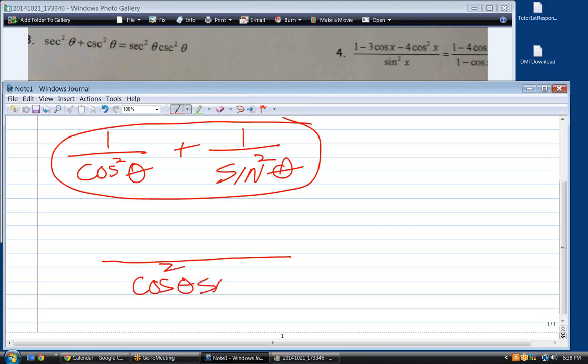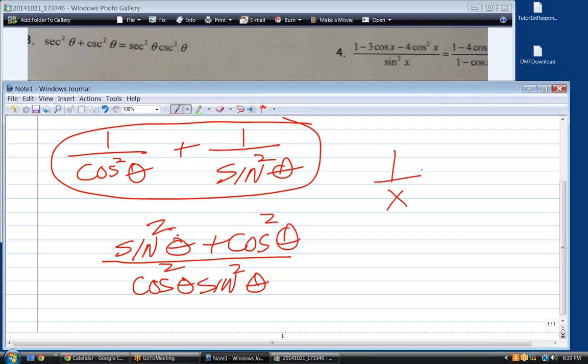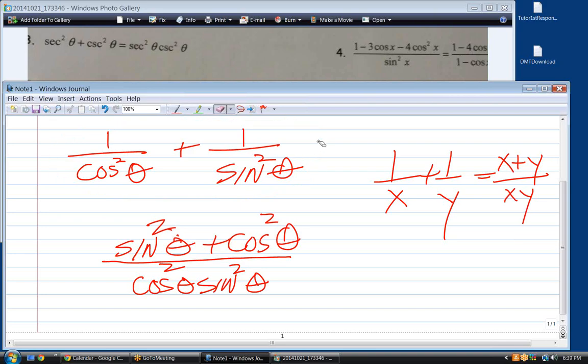What's the numerator? It becomes sine squared theta plus cosine squared theta. In other words, when you add 1 over x plus 1 over y, you get x plus y over x times y. That's all you're doing here. You still use the same rules of adding fractions.